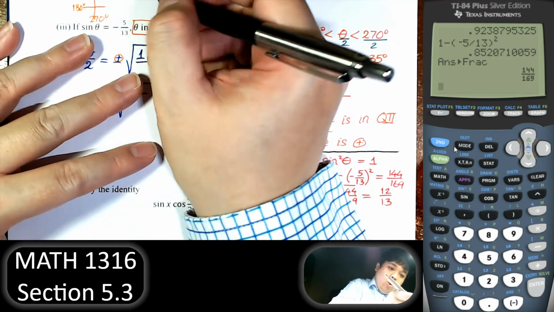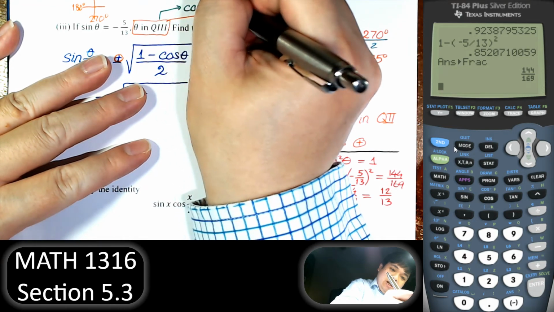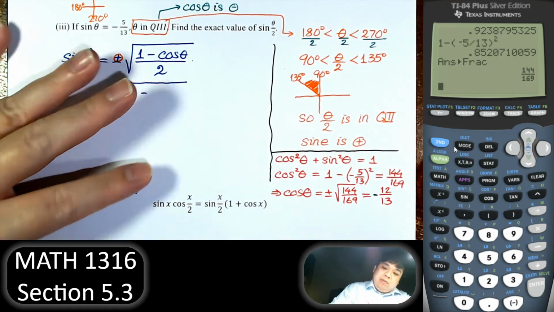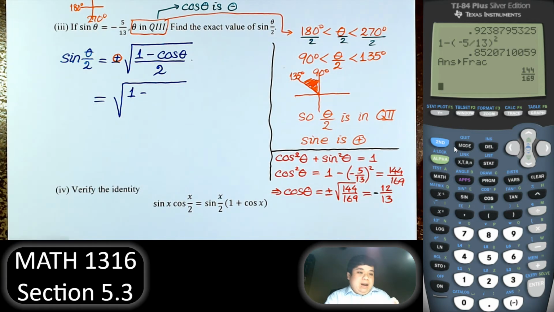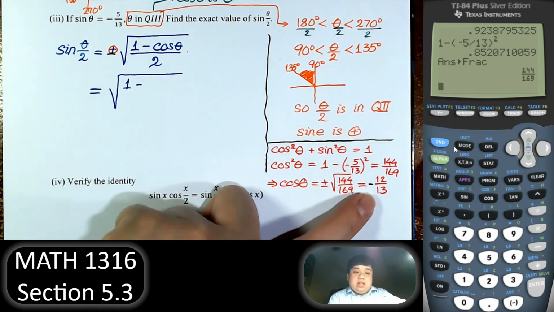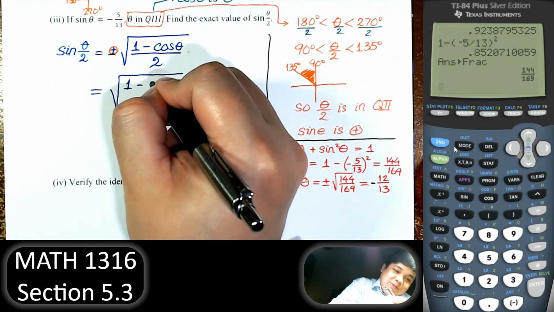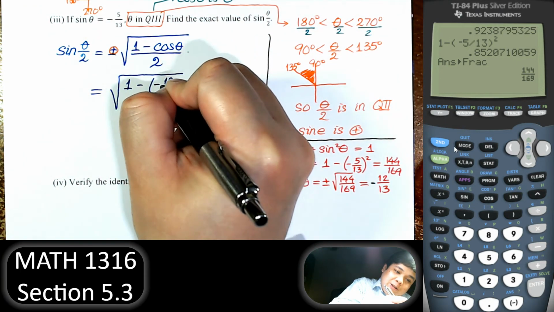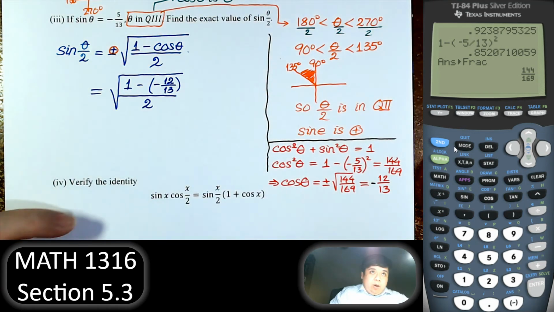Notice that this is in quadrant 3, so cosine of theta is negative. Or of course we can use x, y, and r to solve for cosine. I don't have a lot of space, so I just have to use this one. Because in quadrant 3, cosine is negative, so that certainly works. So what we substitute there is negative 12 over 13, not that one.